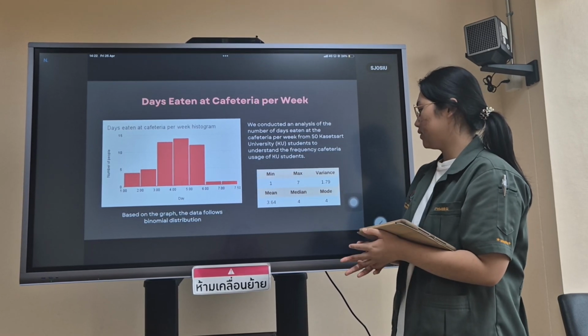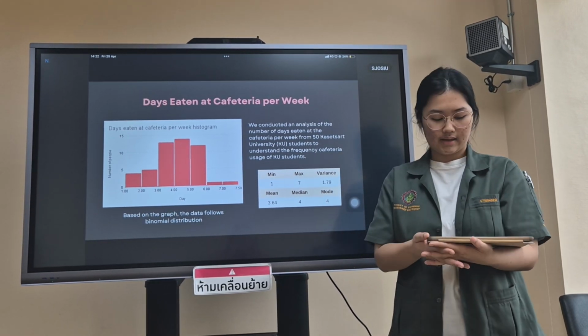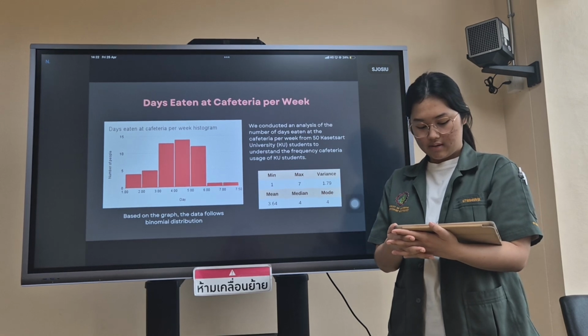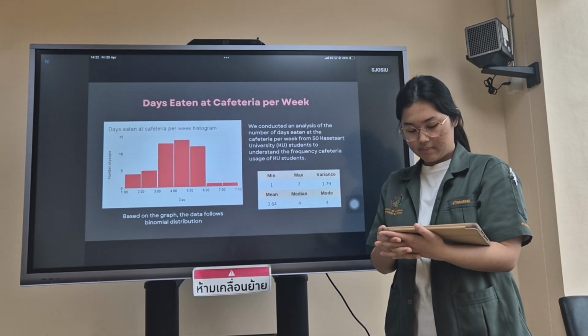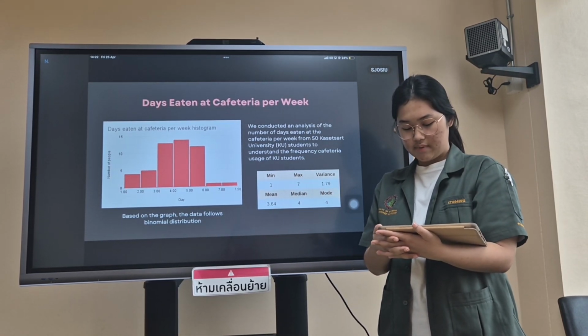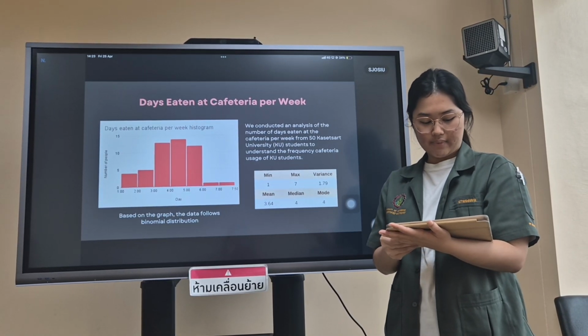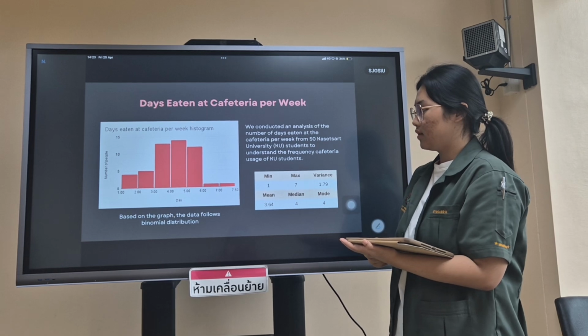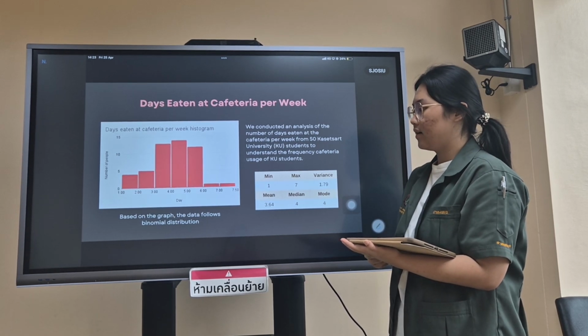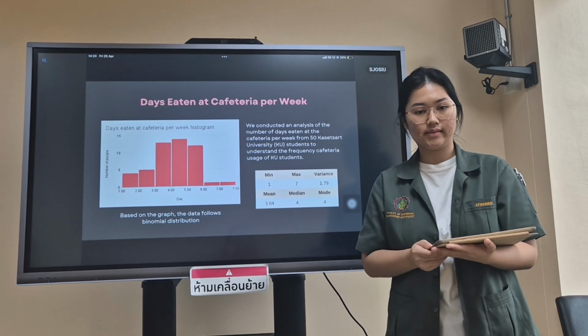The variance is 1.79. The mean of this data is 3.64, and median and mode is 4 days. Based on the graph, the data follows a normal distribution.